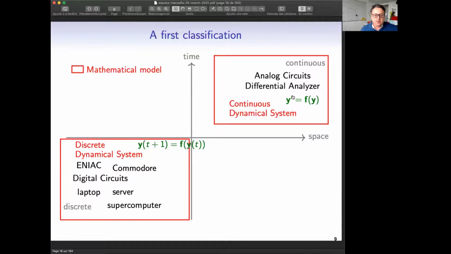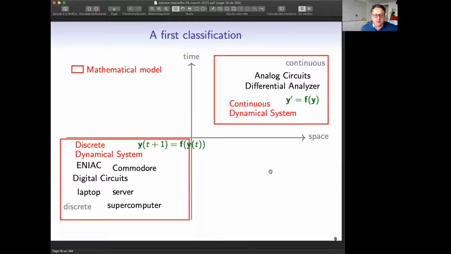One group by continuous dynamical systems, if you prefer by some ordinary differential equation, y prime equal f of y, where prime means derivative, and the other group by discrete time dynamical systems. So something that says that the state at time t plus 1 is given by some function of the state of the system at time t.